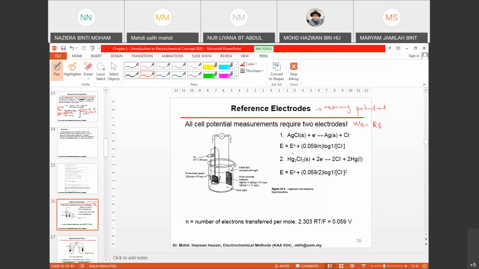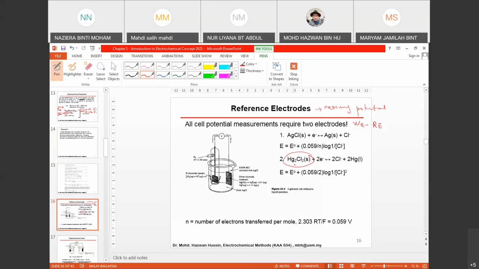Imagine that you are dealing with silver chloride, and then mercurous chloride. Anyone knows what mercurous chloride functions as? I think I explained to you last Tuesday. Where can you find mercurous chloride? Anyone? Madi, if you can still remember? It is in a galvanic cell.